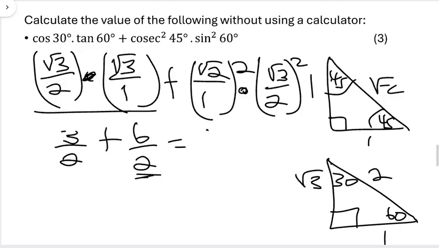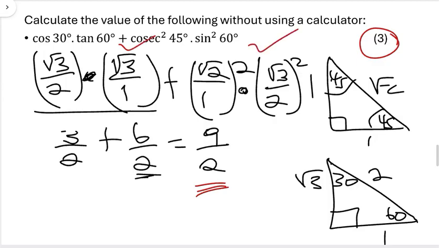I'm going to get 9 over 2, right? You can actually verify with your calculator. So actually it's 3 marks. Surely here there will be 1 mark for these two, 1 mark for these two, 1 mark for those two, and then 1 mark for the answer to get 3 marks.